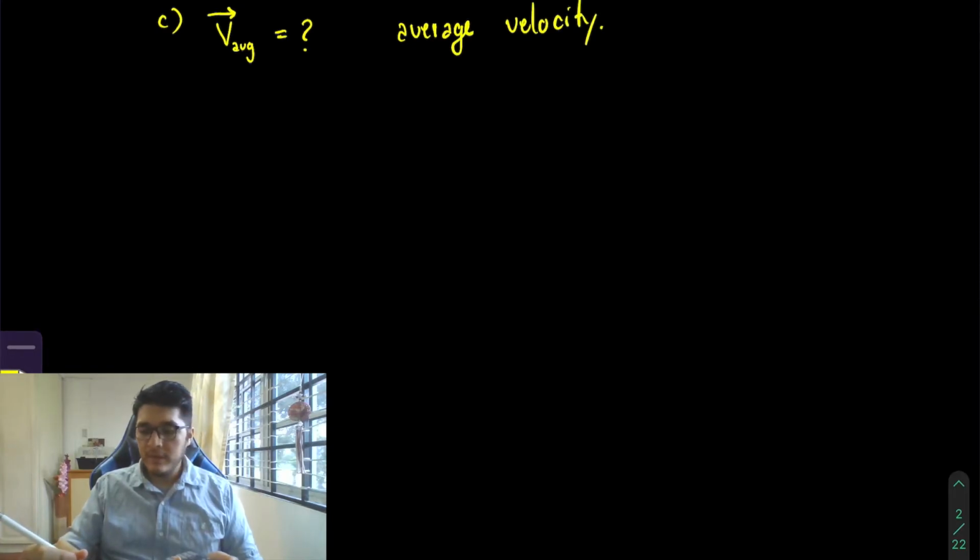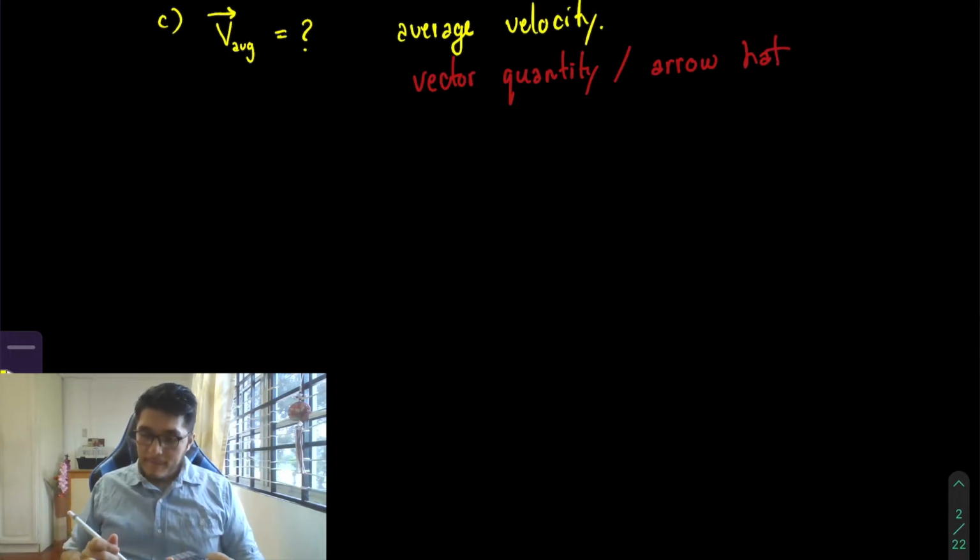So average velocity. And this one here is a vector quantity, so this means that it has an arrowhead. But let's look at the formula for average velocity.